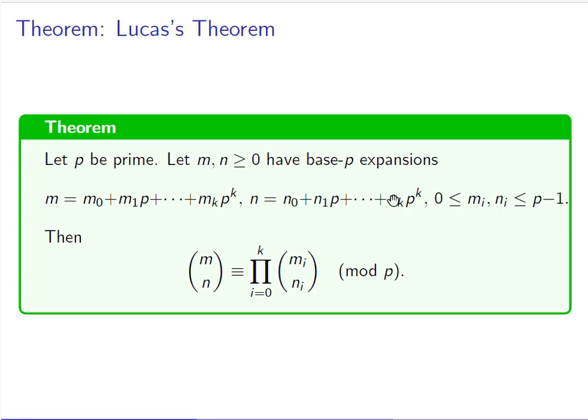So essentially one of them would be non-zero. What we do is make up the other ones by adding 0 so that they both end at p to the power k. Suppose this one ended at p^(k minus 1). We have to add the p^k term and put 0 there to make it complete.